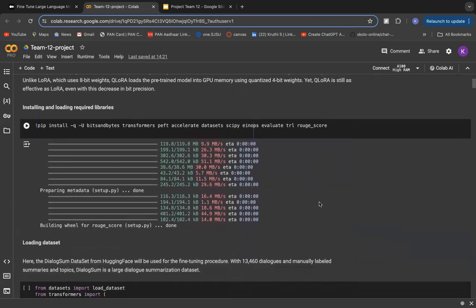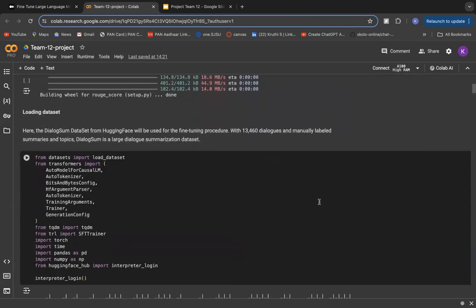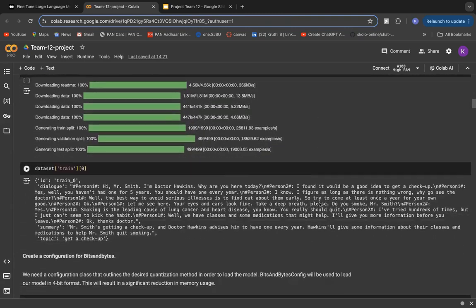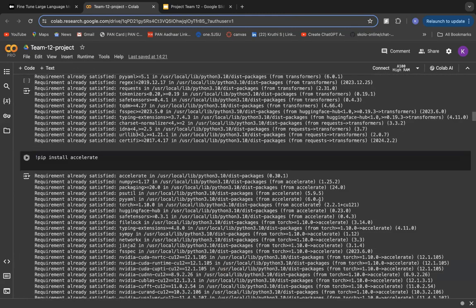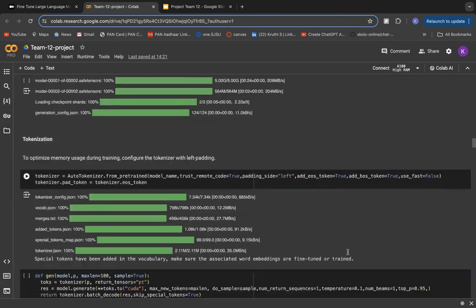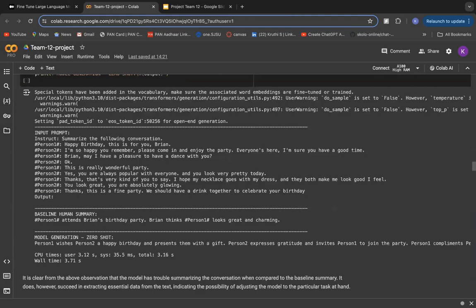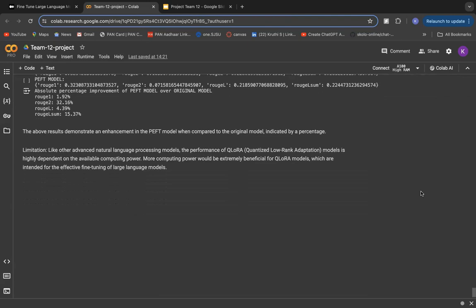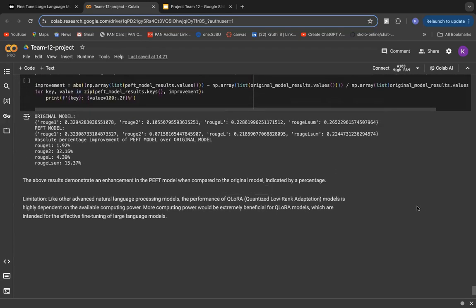And then this is how we loaded the dataset from Hugging Face. And let's go to the end of the notebook where we showcase the results. Yeah, so these are the results that we got.